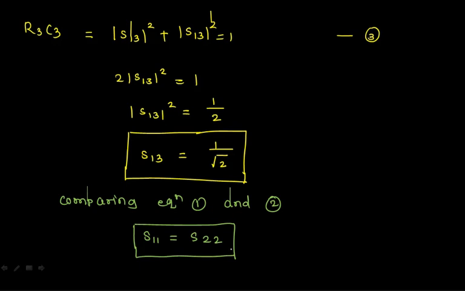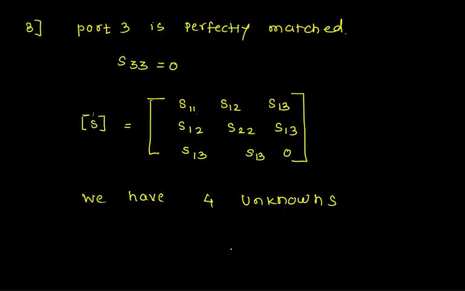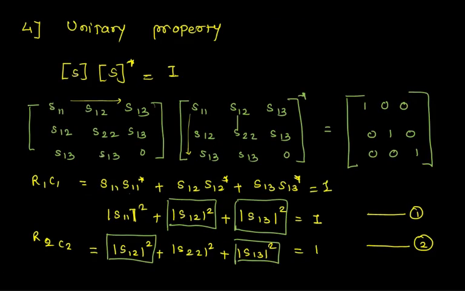Now if S11 is equal to S22, I can go for another multiplication, which is nothing but R3C1. This is my row 3 and this is my C1.